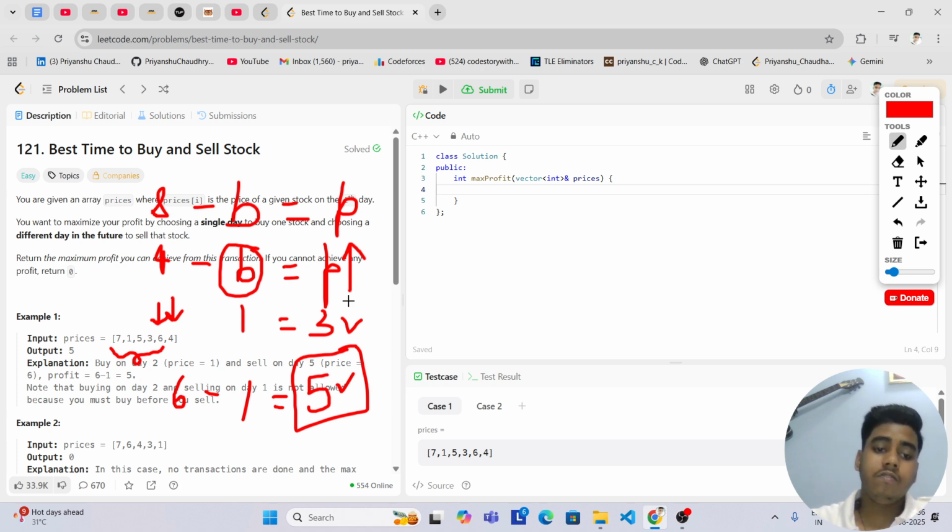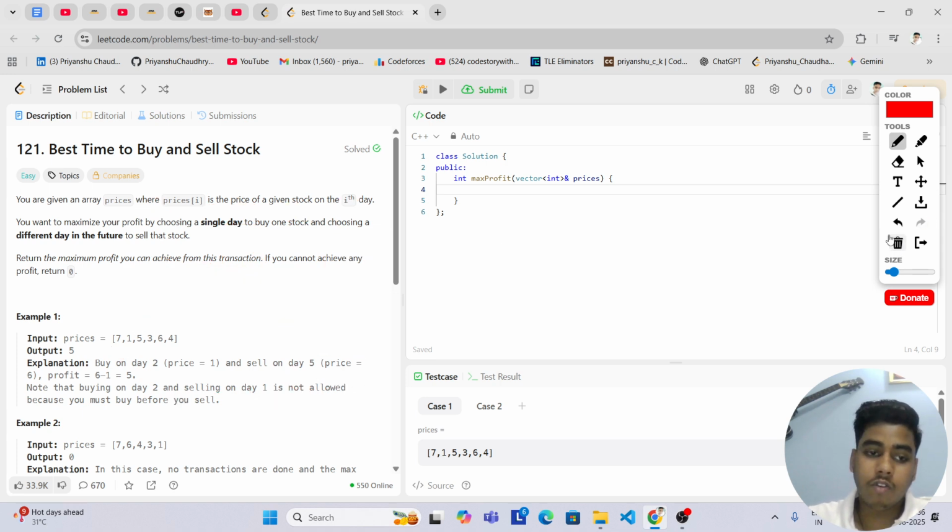So we need to maximize our profit by buying at the minimum price and selling later. So our logic is to keep track of the minimum buying price and selling at each day, to check the profit and track the maximum profit, and we will return that maximum profit.